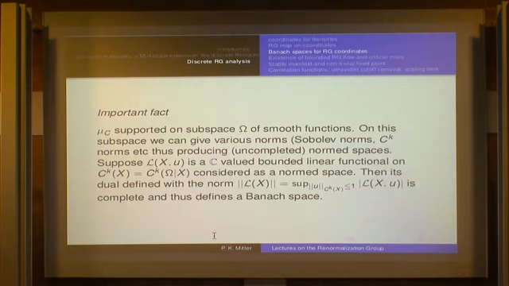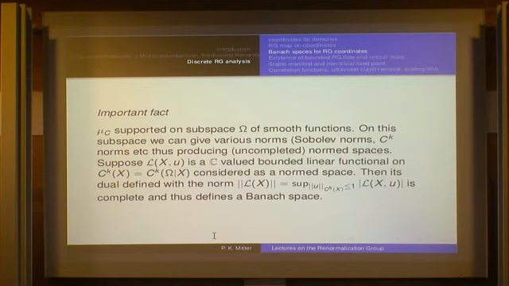So suppose you have a linear functional, it could have been any closed field, but C-valued, bounded, continuous linear functional on CK, for example, CK of x. By CK of x, I always mean CK of the smooth functions restricted to x.